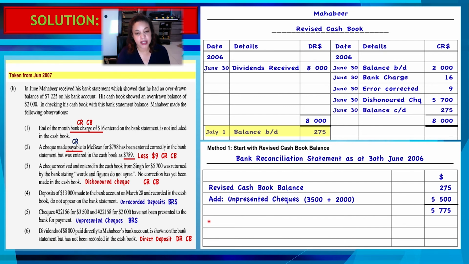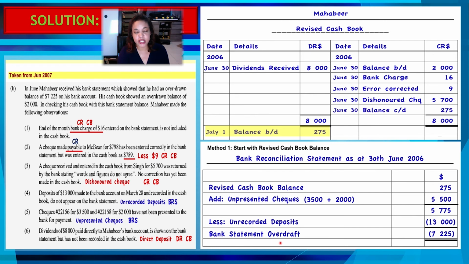Next step, less your unrecorded deposits. Notice it's the same thing we have been doing. So your less unrecorded deposits, where do you have it? It's just a 13,000, so you less it. And then your answer, negative 7,225, which means that it is a bank statement overdraft.